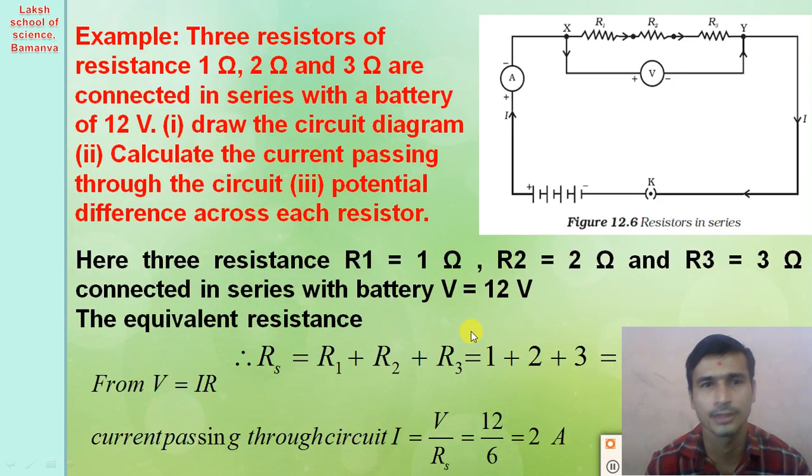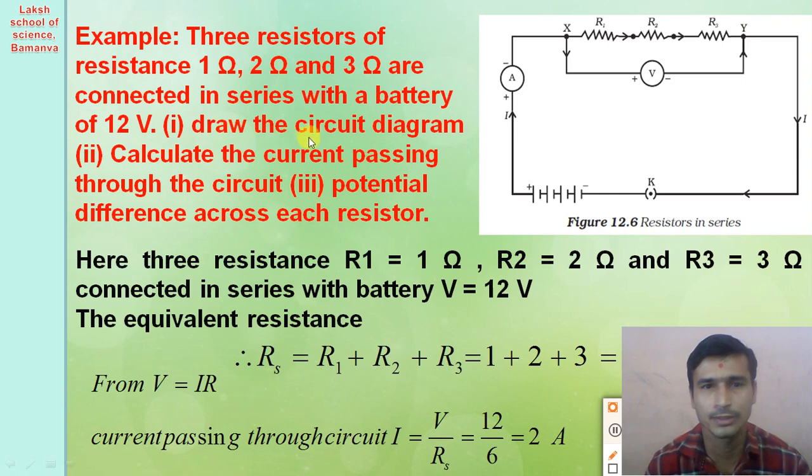See here the statement of the example. 3 resistors of resistance 1 ohm, 2 ohm and 3 ohm are connected in series with a battery of 12 volt. The first resistor has resistance 1 ohm, the second 2 ohm and the third 3 ohm, connected in series combination with the battery of 12 volt.